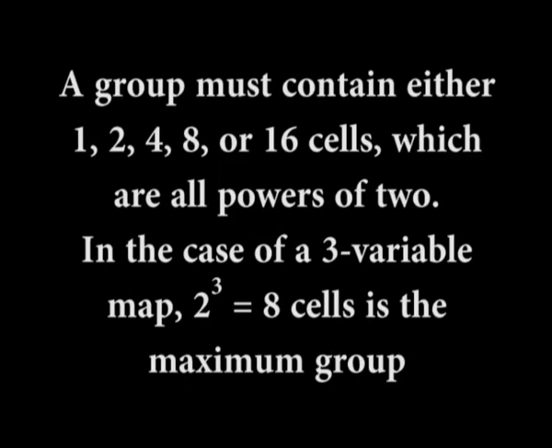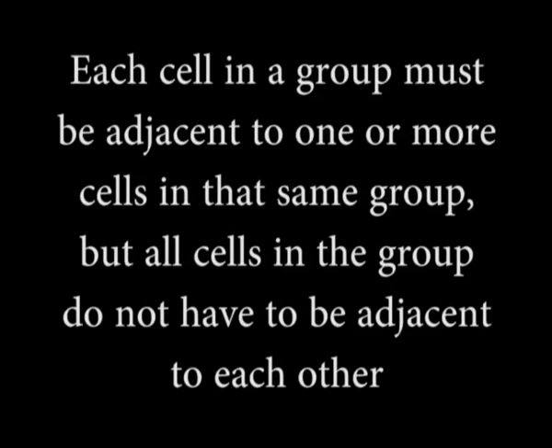In the case of a 3 variable map, 8 cells is the maximum group, which is 2 to the power 3. Each cell in a group must be adjacent to one or more cells in that same group, but all cells in the group do not have to be adjacent to each other.